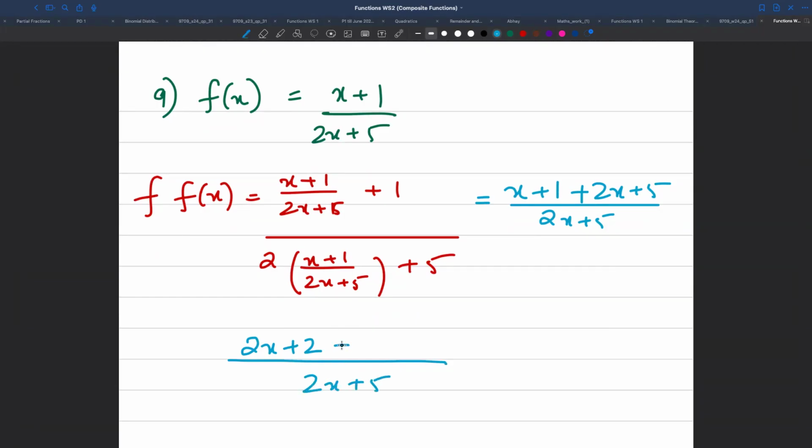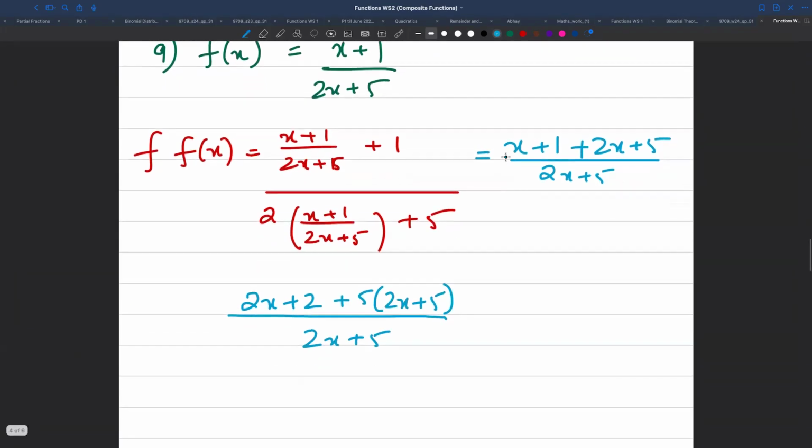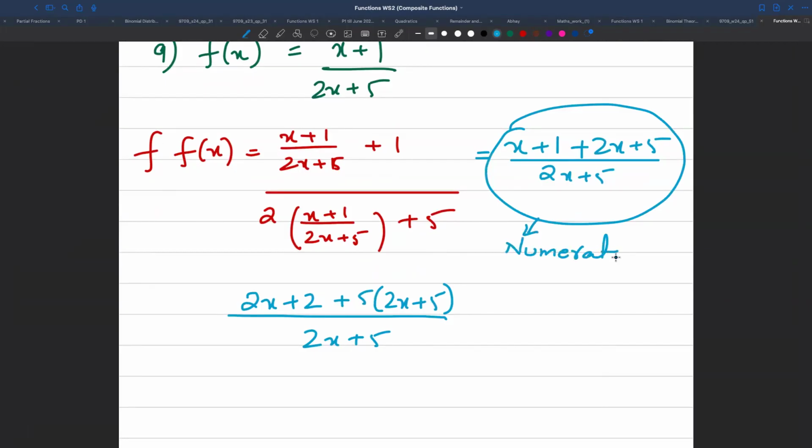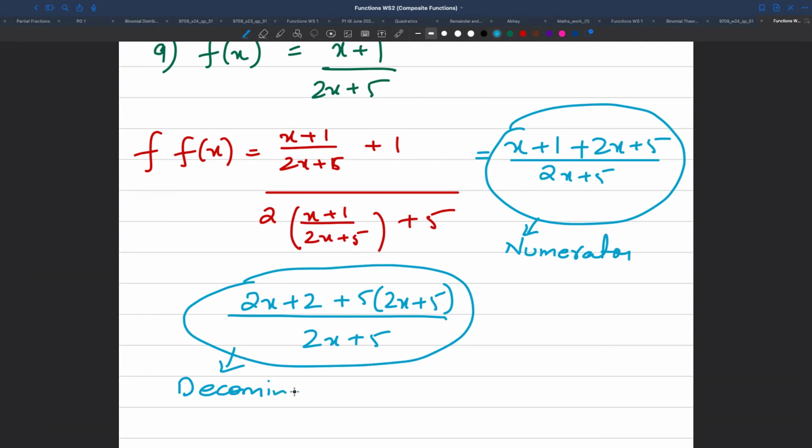And then plus 5 into 2x plus 5. Okay? Now, this is the numerator and this whole thing is the denominator. So I'll just divide them now.